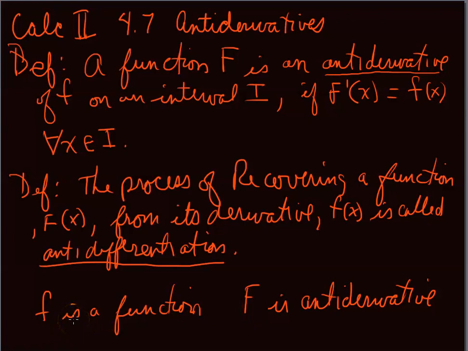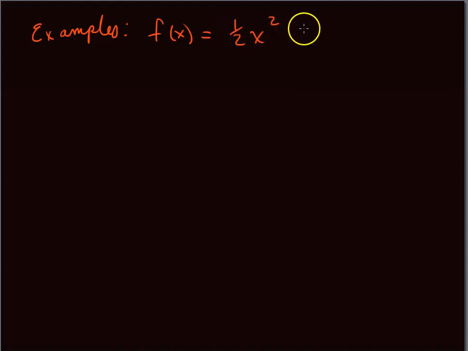So what are some examples of this stuff? Let's go to new screen. So if f of x is 1/2 x squared, what did we take the derivative of to get 1/2 x squared?